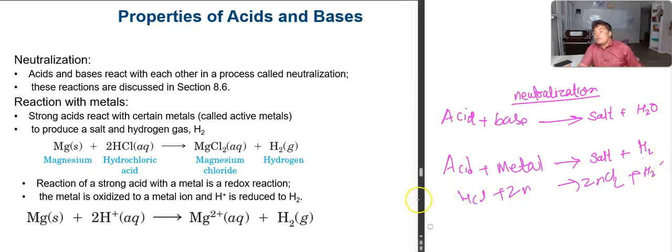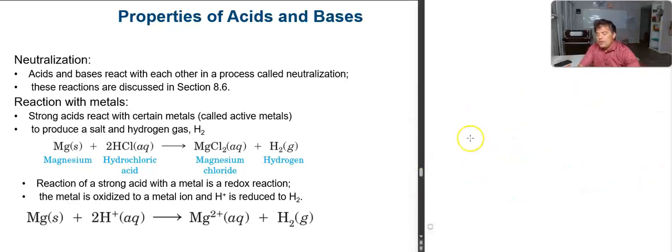So the neutralization reaction, the acid base reaction, produces salt and water, while some acids react with metals and produce hydrogen, which is another property. The reaction of a strong acid with a metal is a redox reaction. So acid plus metal is not an acid base reaction, right? This is a redox reaction.